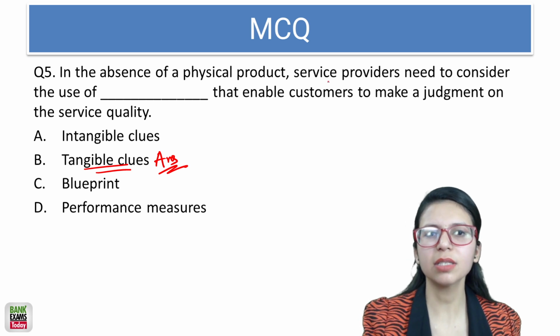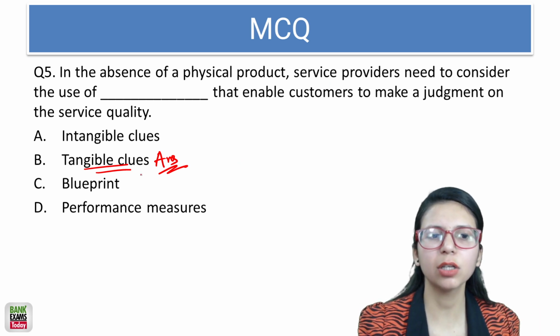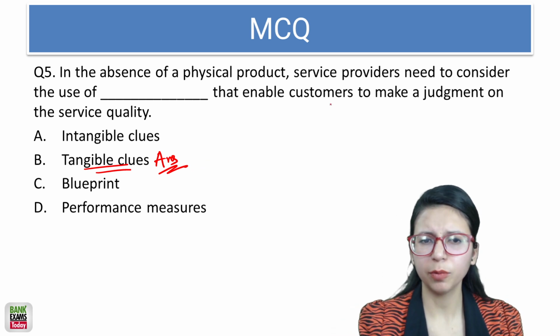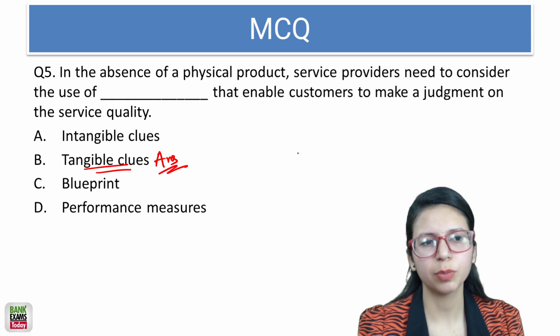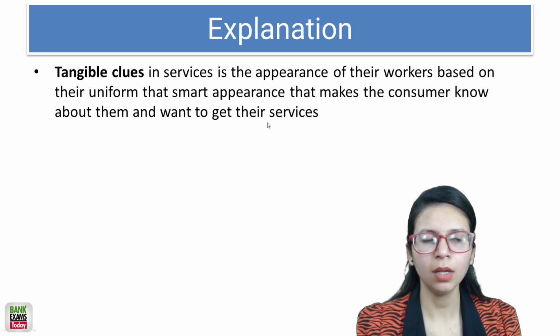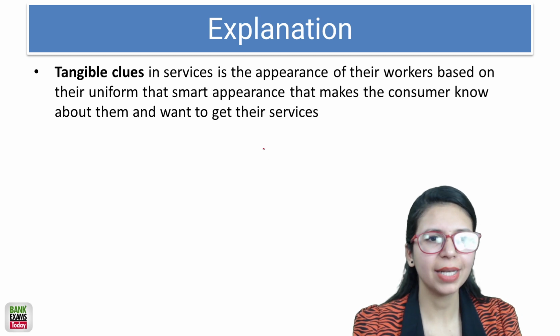So for the service, you are receiving a tangible clue, that is the receipt. That is what helps the customer make a judgment of the service. Now we'll move on to the next question.